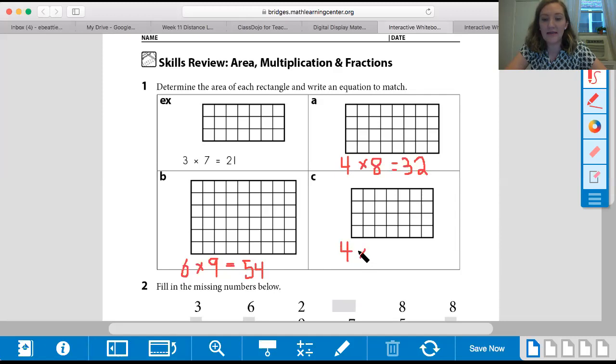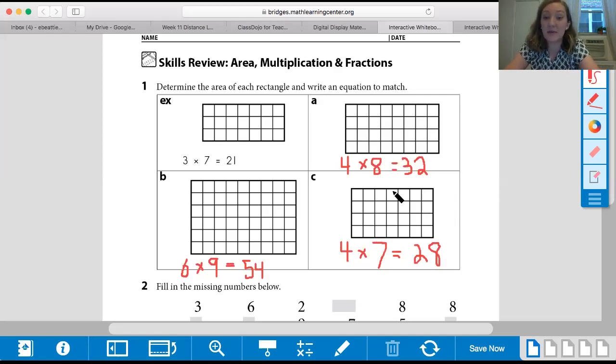And what's the other length you found? Should have been 7. And 4 times 7 is 28. Nice job. So the area of this one is 28.